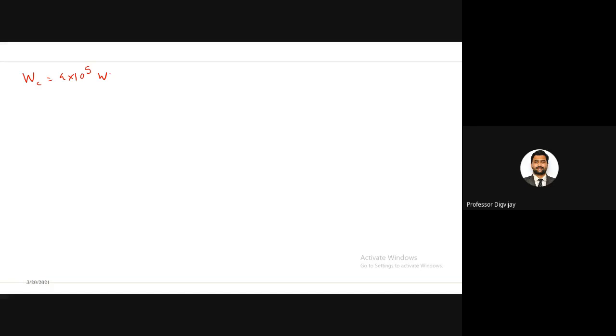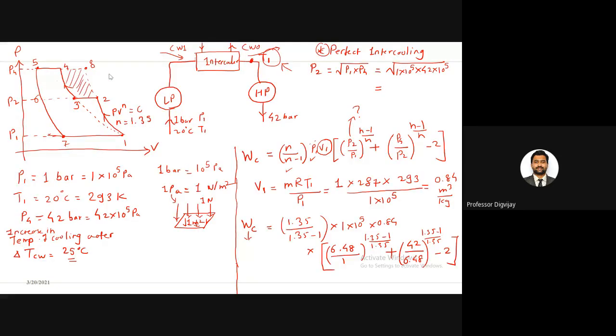Okay. The answer is correct, 4 into 10 to power 5. But what about the unit? What will be the unit here? If you get confused anytime, see the equation here for the WC.